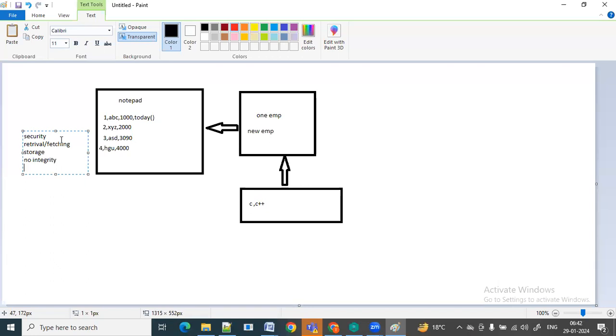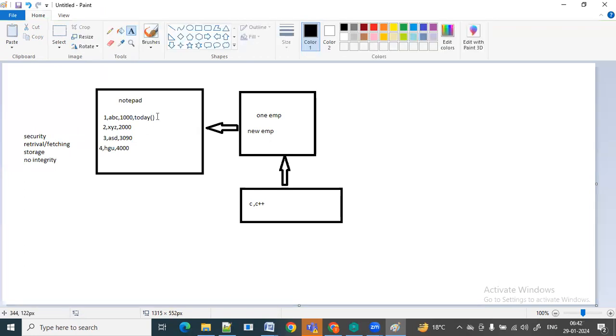Now the second one. I want to search for the ABC record. Somehow I have it first, so I'll be getting that record. Parallelly, I want to find the records of those who are earning salary greater than 500. In the two notepads I have, I want to work parallelly.